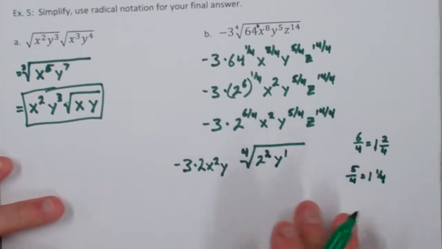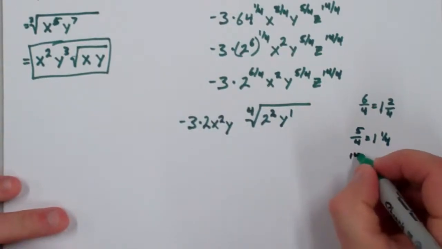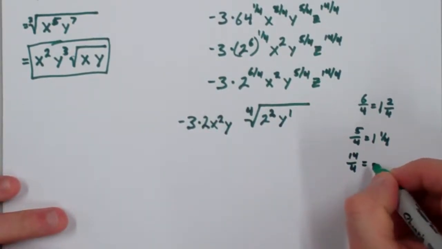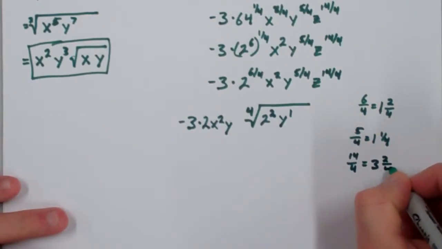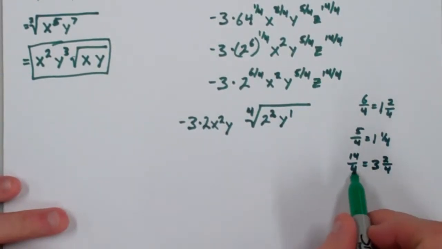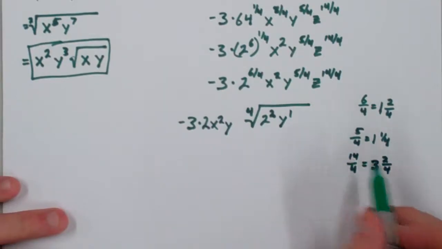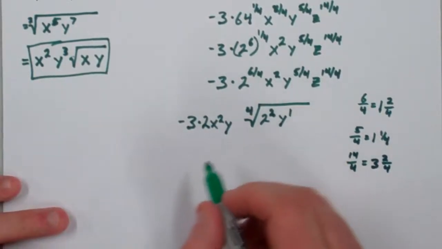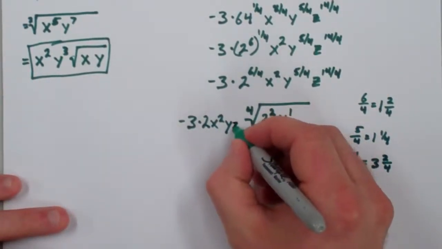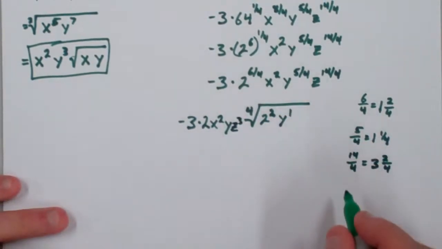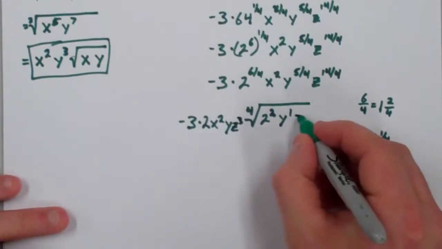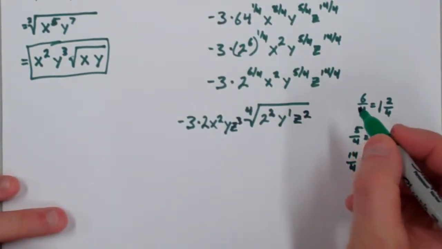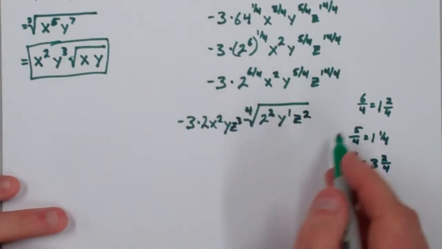And then if we take a look at this 14 over 4, that is 3 and 2/4. Let's double check that here. 3 times 4 is 12, and 12 plus 2 is 14, so that's good. So actually, a z to the third will come out. Remember, the whole number comes out, and then a 2 needs to be inside the radical sign. We're going to clean this up over here.